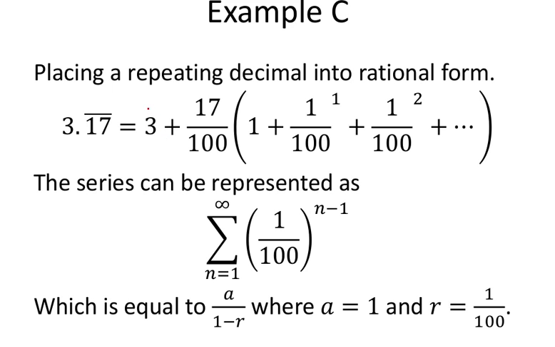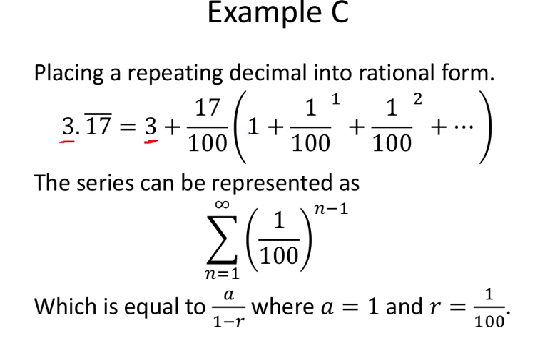Now, 3 is just a necessary evil here. You just include that because it's over here, it's over here. The interesting stuff is the 17 over 100. That's your first term here. That's the first pair of 1 and 7 in this infinite sequence of 1, 7, 1, 7, 1, 7.